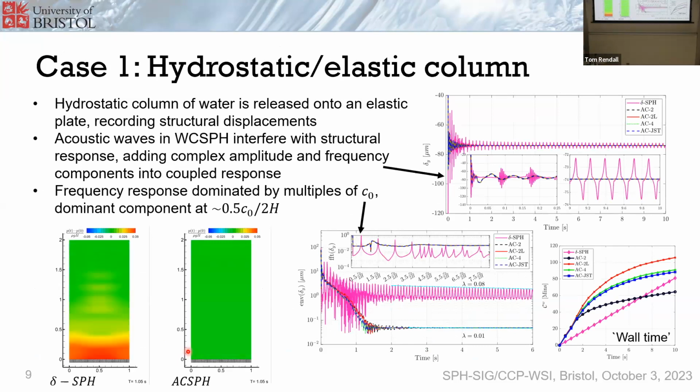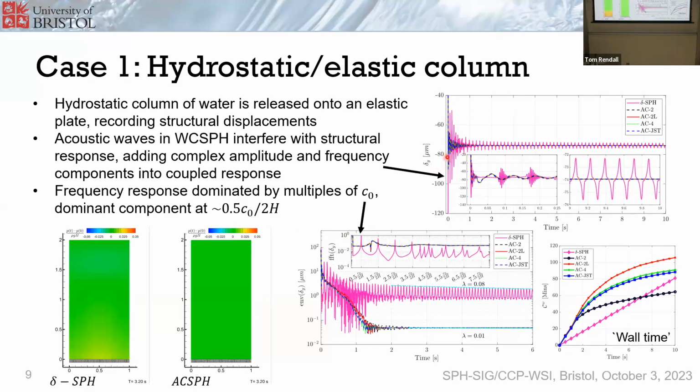How does it help? On the left, we've got delta weakly compressible, on the right is artificial compressibility. This is a hydrostatic column supported on an elastic plate. You can see from the color flood plot, there's residual acoustic interaction between the elastic plate and the fluid.